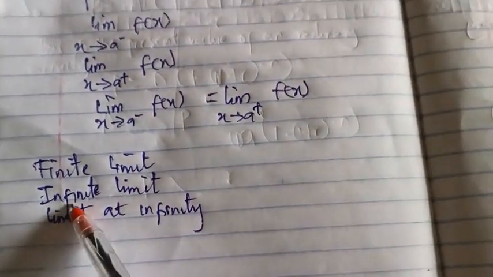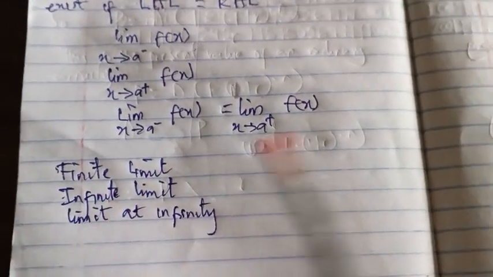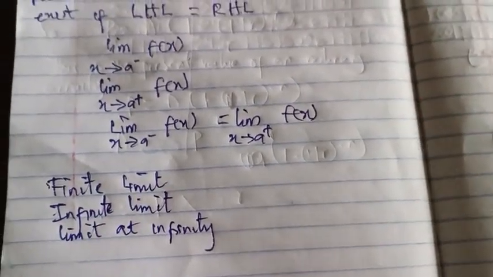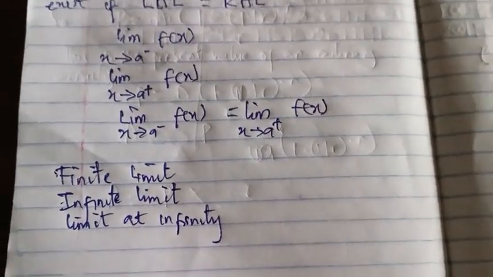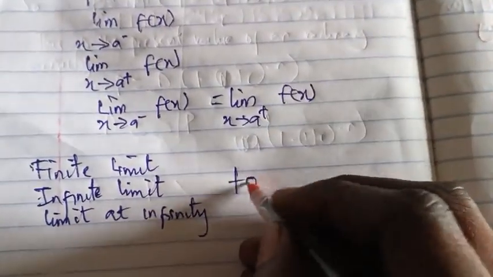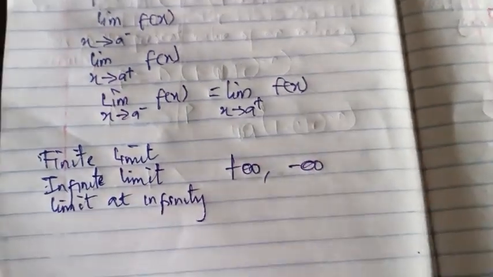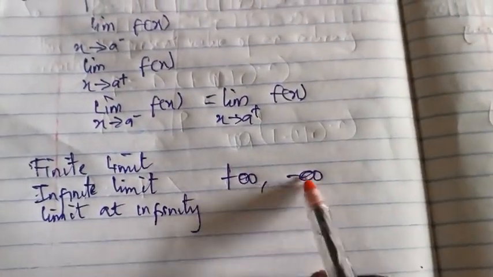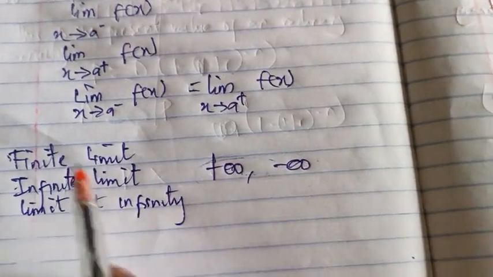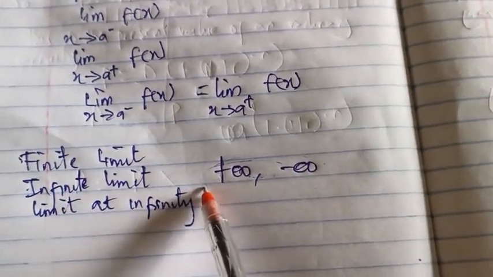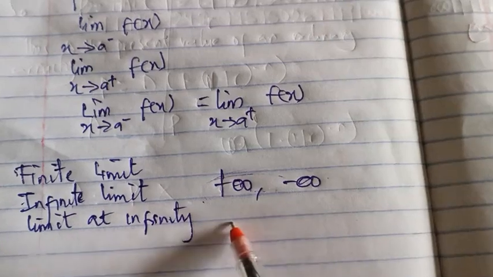Now listen, if a is a finite number, but the function is approaching an infinite number, either positive infinity or negative infinity, then we say this kind of limit is what? Infinite limit.